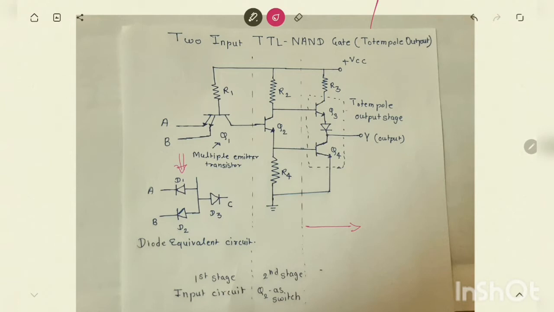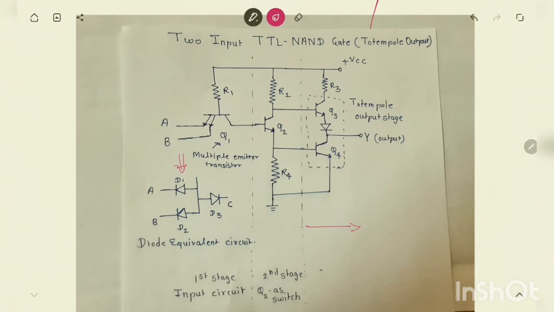Here this transistor Q2 acts as a switch, same as in an inverter circuit. Suppose we are using diode transistor logic. In that case, instead of this multiple emitter transistor, we use diodes along with a transistor.